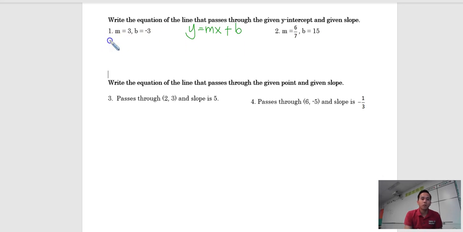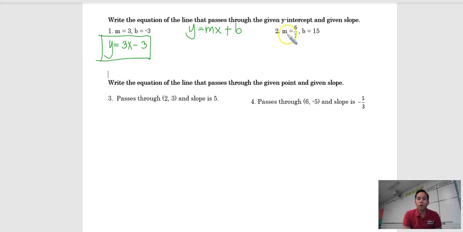So I'm going to write this as y is equal to my m, which is 3, and then I put x there. And then this is -3, therefore it will be -3. So you now have the equation of the line.